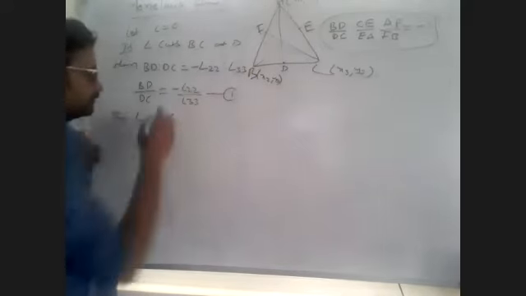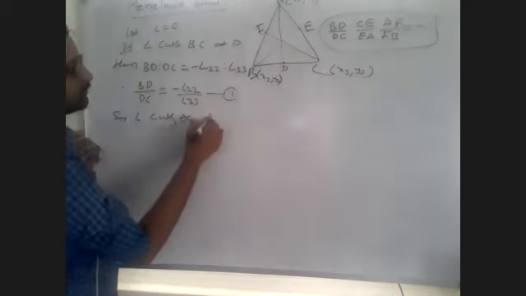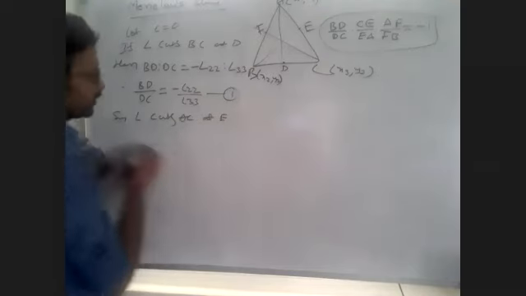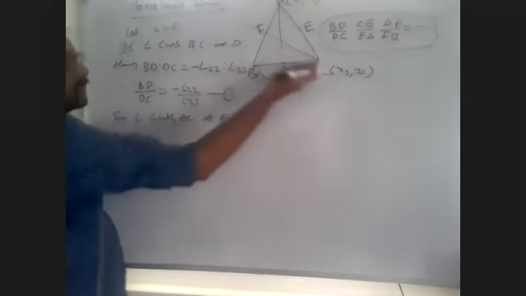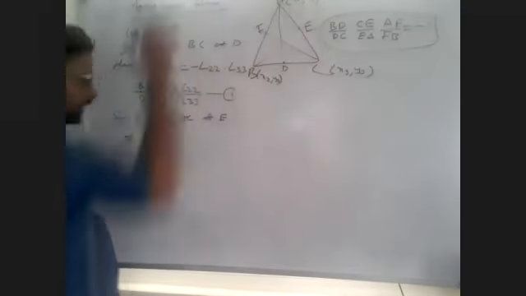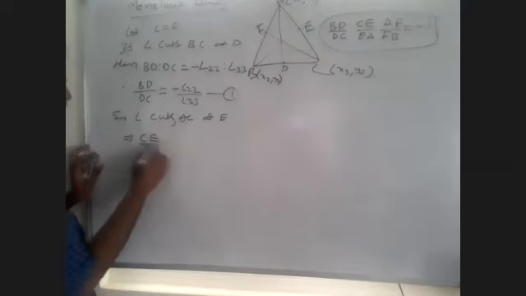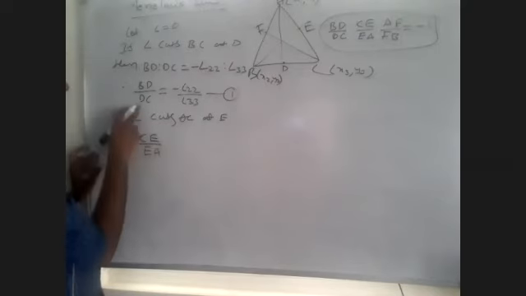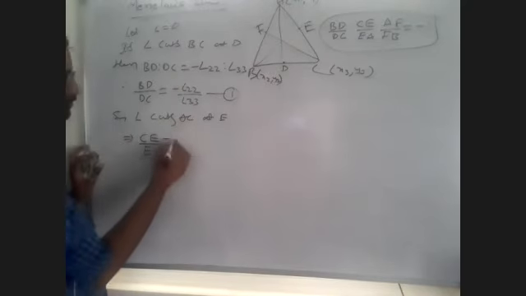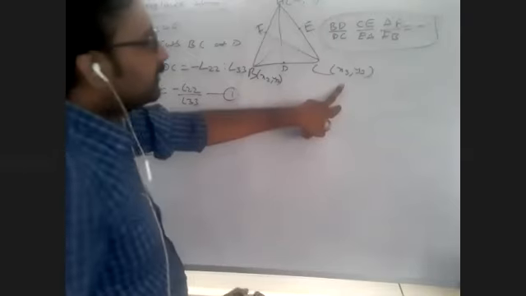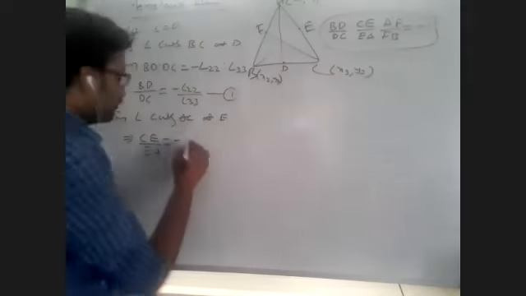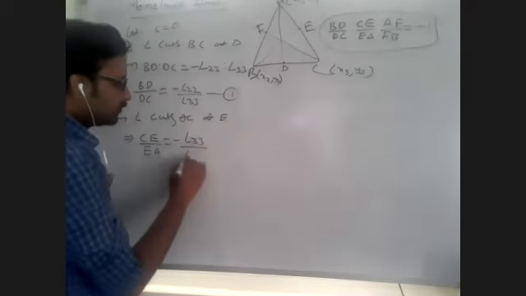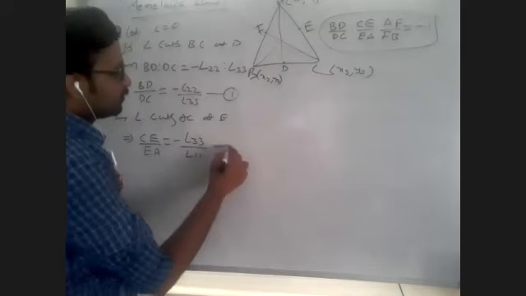Similarly, L cuts AC at E. That implies CE by EA is equal to minus L33 by L11. Equation number 2.